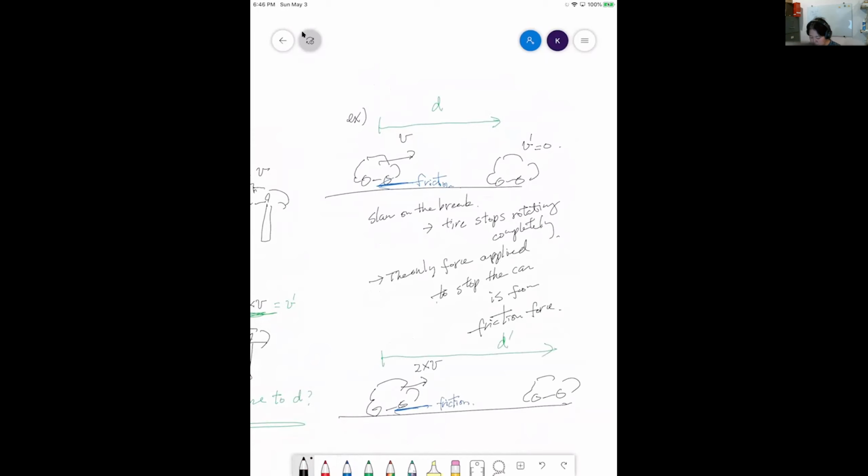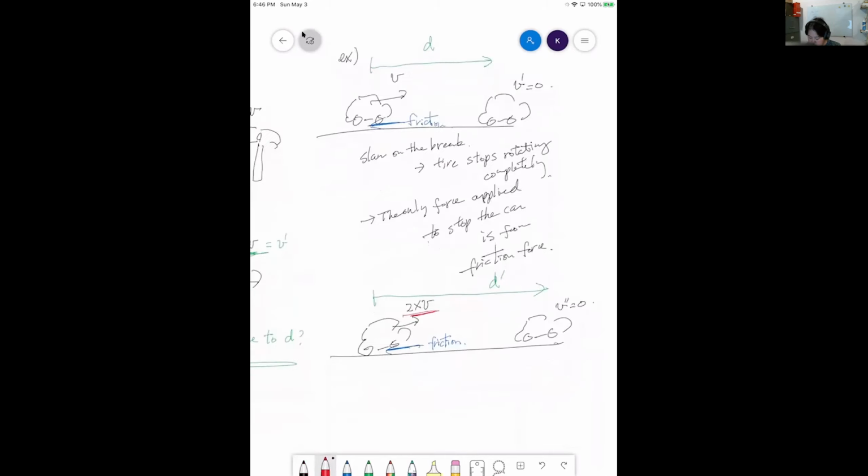So now the final speed is 0. If you're moving with twice the speed, how much distance do you have to go to stop compared to this speed? All right, so these two are my questions to you that I hope you can answer.